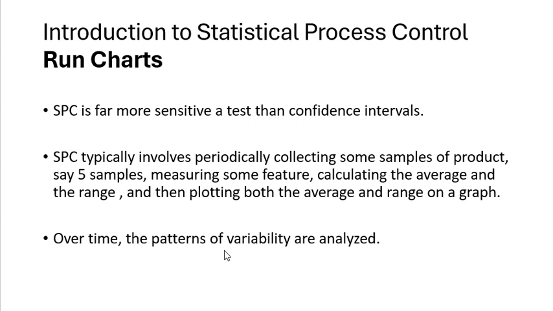So for your trends, you're going to look at whether they're sustained increases or decreases, and then your shifts, you're going to look at your sustained data above or below your median, and then your runs, you're going to look at whether the frequent up and down movement, what they mean. So these are the things that we're looking at in SPC.